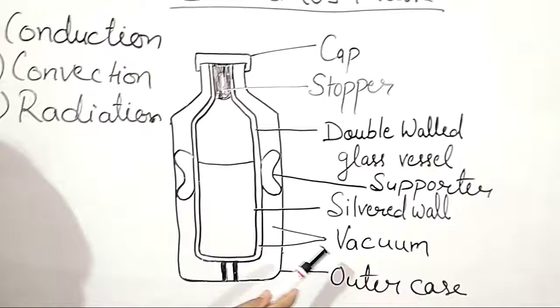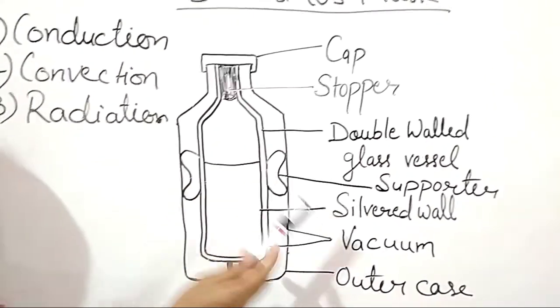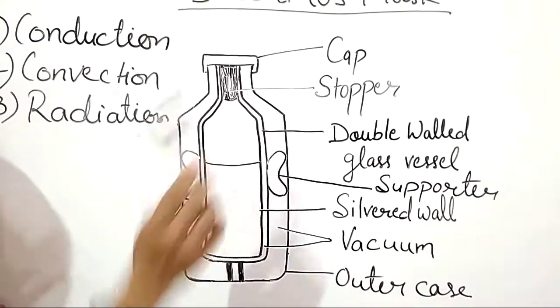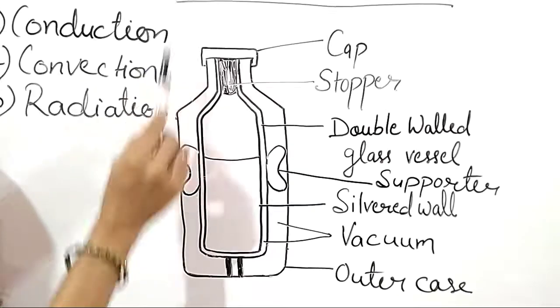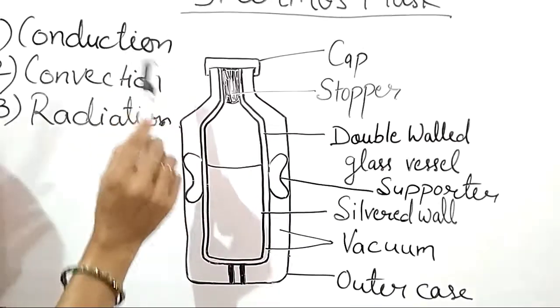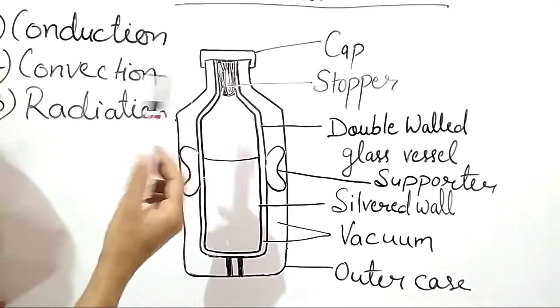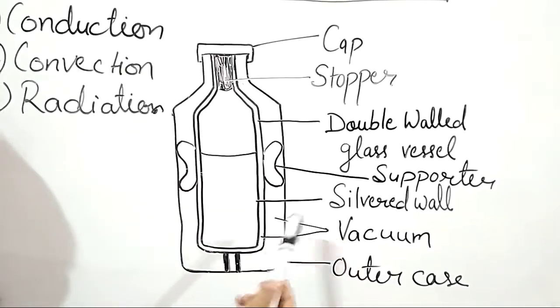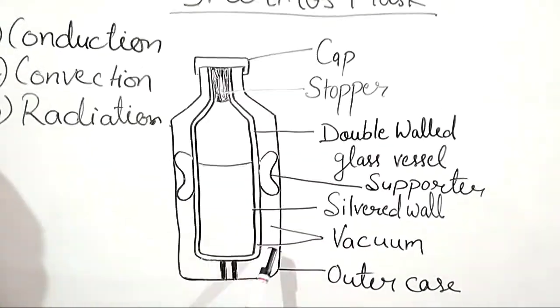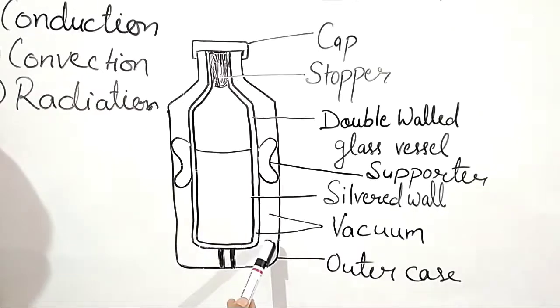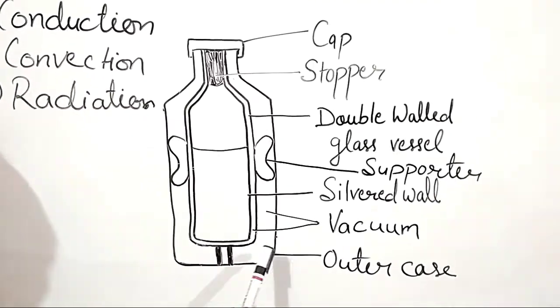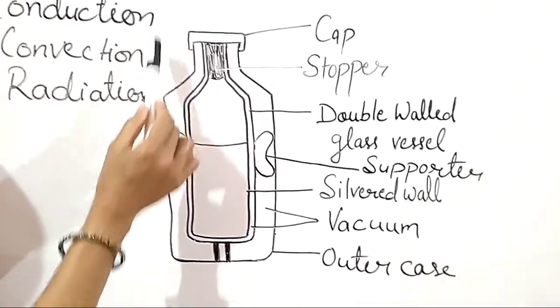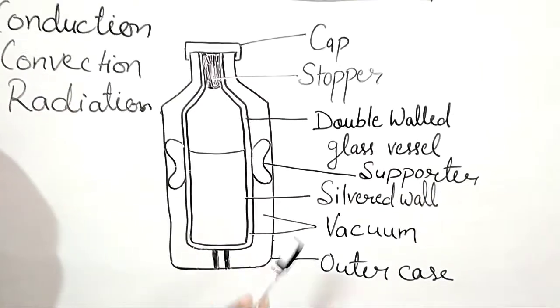So it minimizes the convection and conduction both. How? Because we know conduction and convection both processes need medium to transfer heat, and there is no liquid and air, anything present here. So conduction and convection will not take place here.